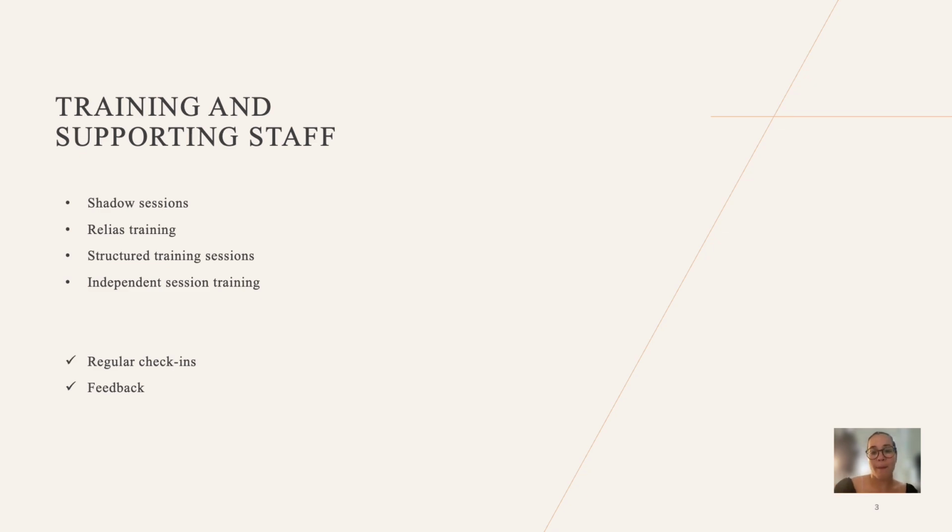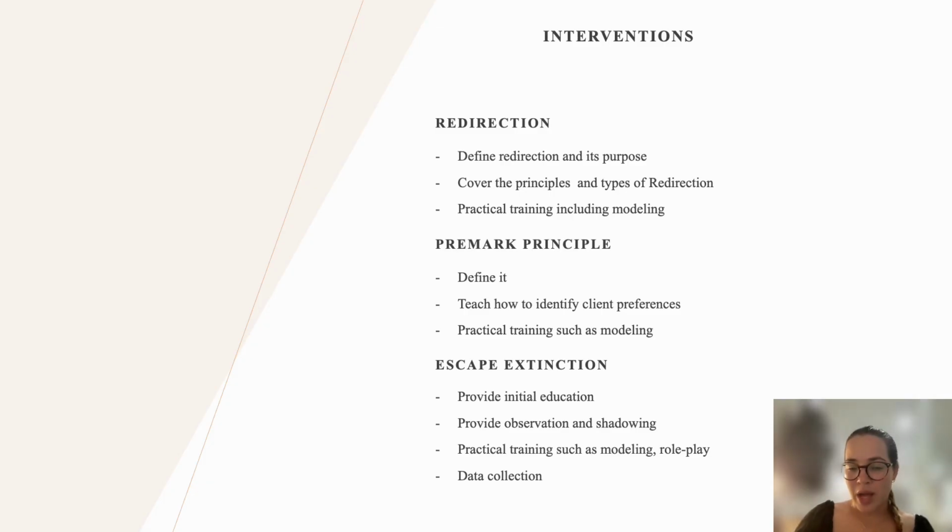Okay, when training new staff on implementing redirection, we want to define redirection and its purpose. We want to let the new staff know how it involves guiding a person's behavior from an inappropriate to a desired behavior. We want to cover the principles and types of redirection, such as verbal, physical, and visual.